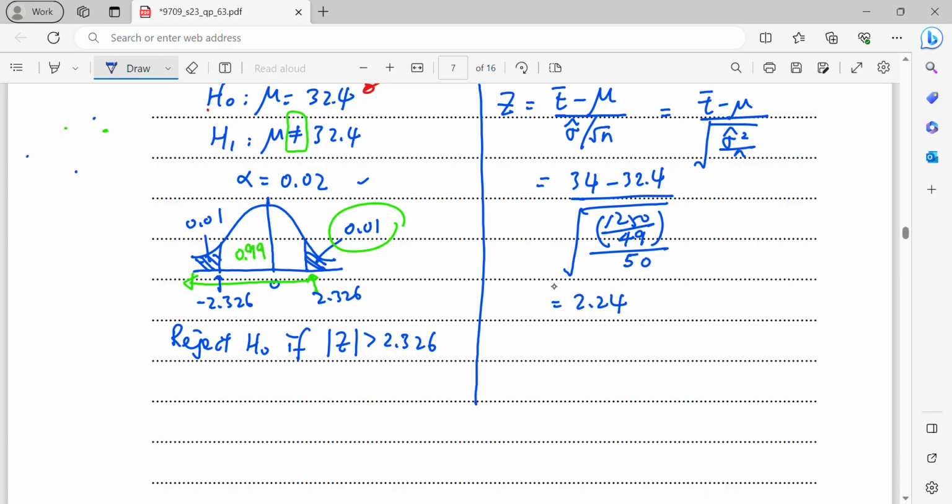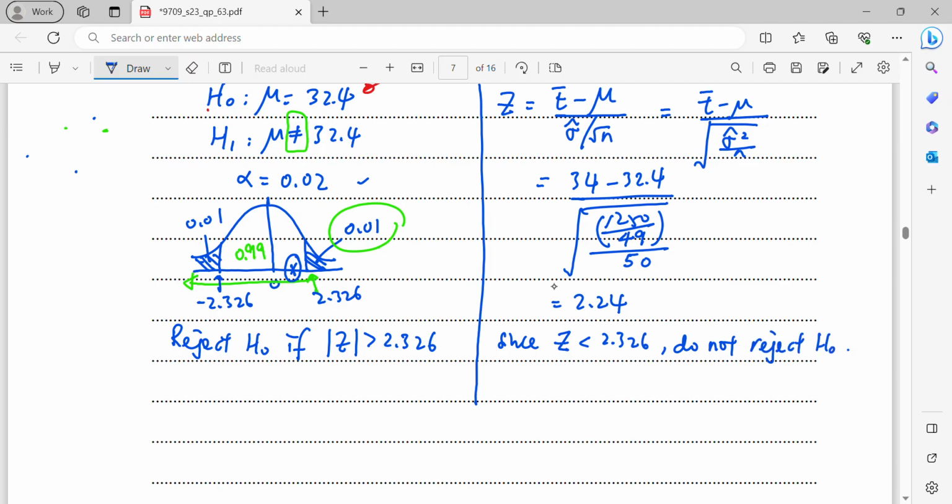Okay, so once I get this result, 2.24 is before the critical line. So it does not lie in the shaded region, which means my decision is do not reject H naught. Sorry, this is not the conclusion, this is the decision.